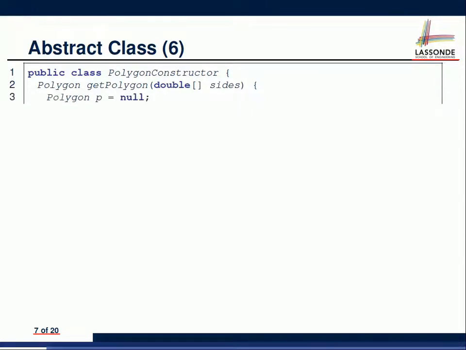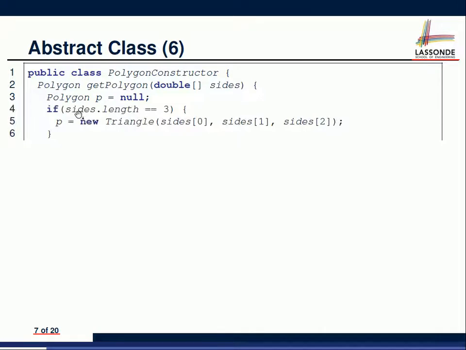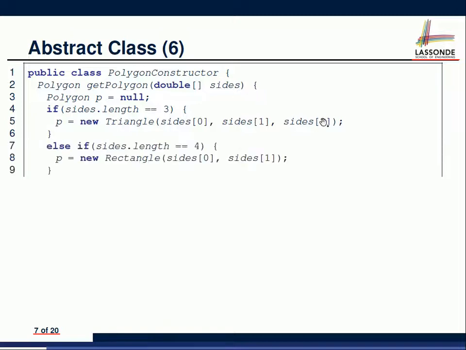So first we declare a local variable p of type Polygon. If the length is 3, you simply assign p a new Triangle with the 3 sides. Else if the length is 4, we assign p a new Rectangle.